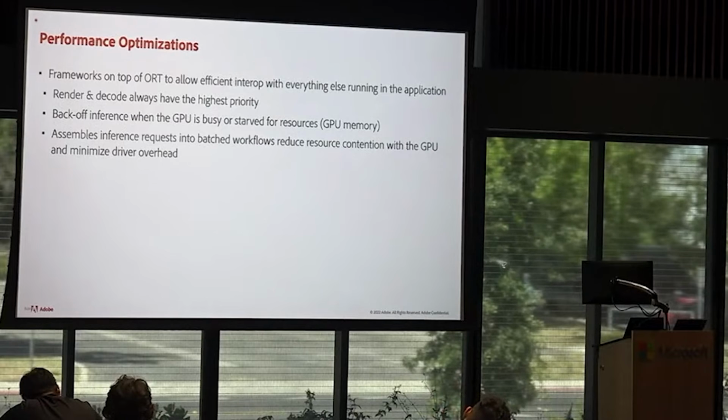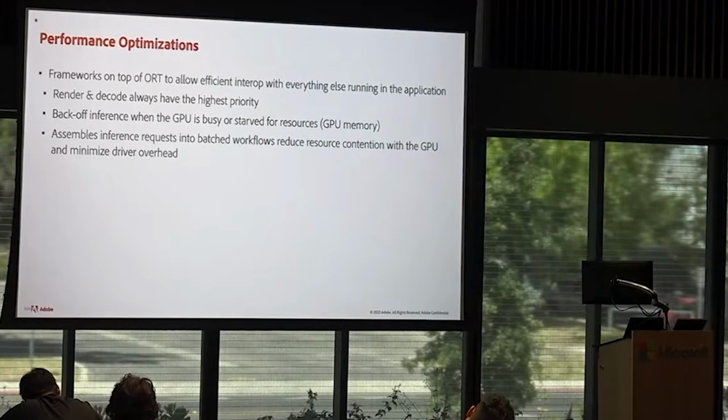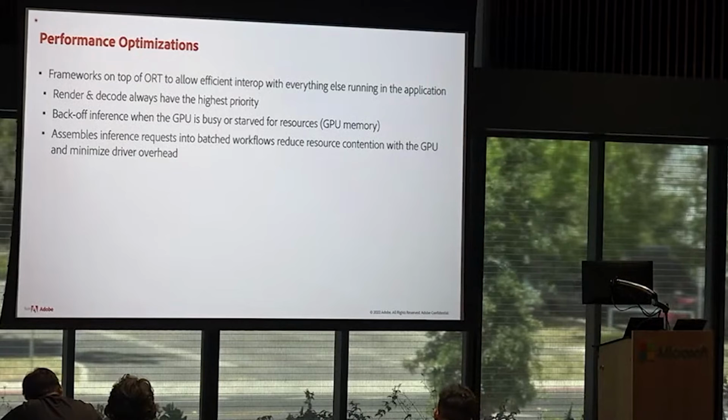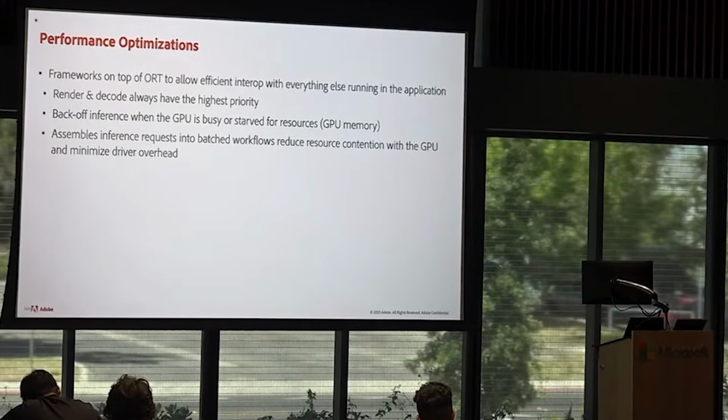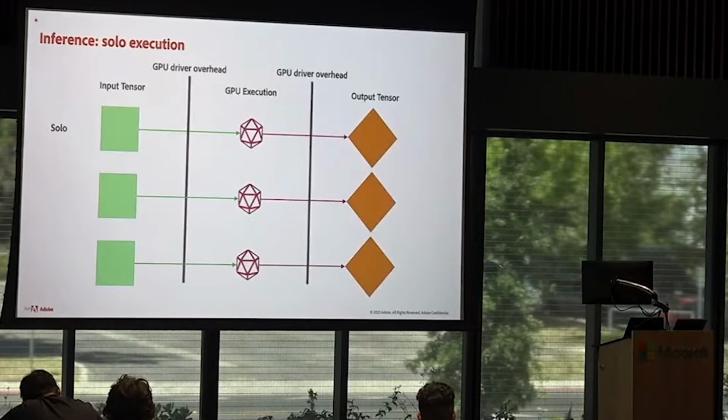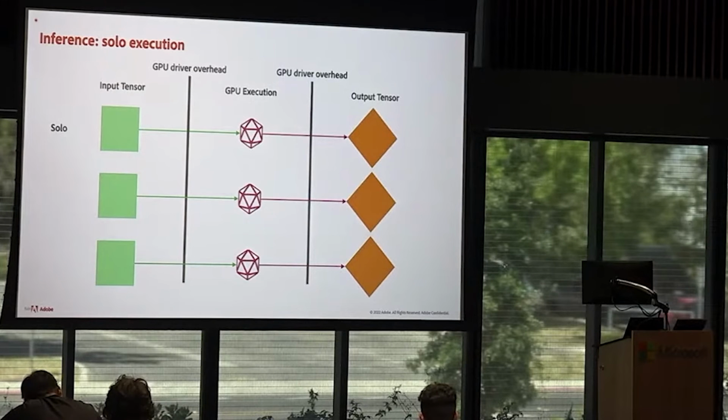The third is that we also try to assemble our inference requests into batched workflows to reduce resource contention with the GPU and minimize driver overhead. This is what that looks like in practice. By dispatching inference requests sequentially, we incur GPU driver overhead not only on the input side, but also on the output side, and then we incur that repeatedly over the size of our entire inference pool.